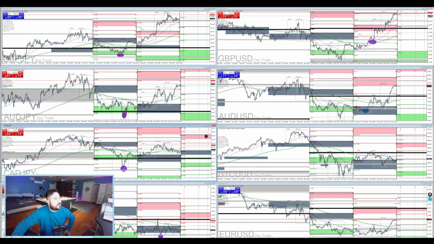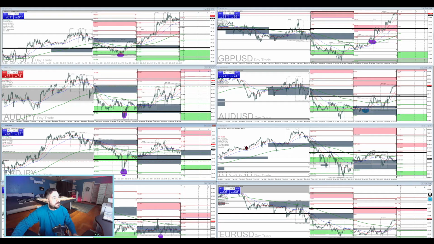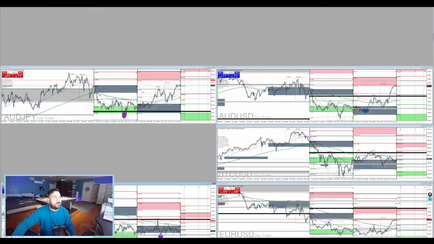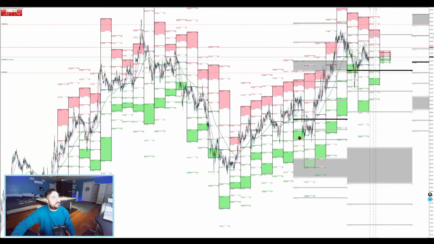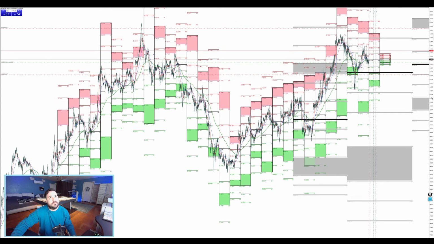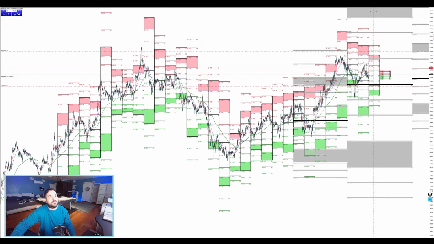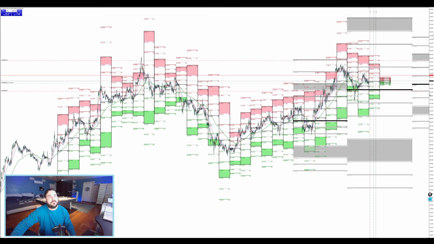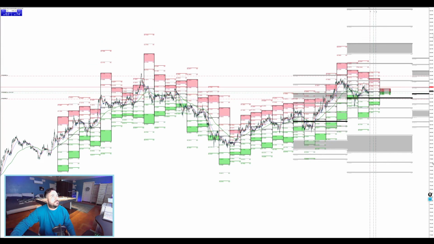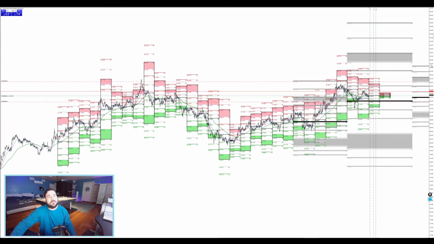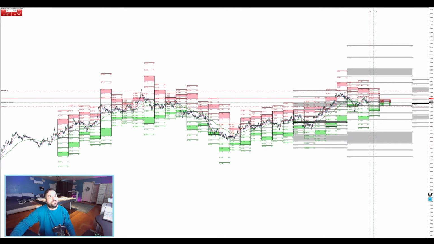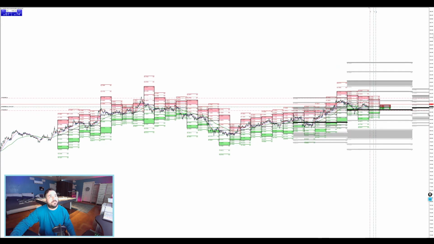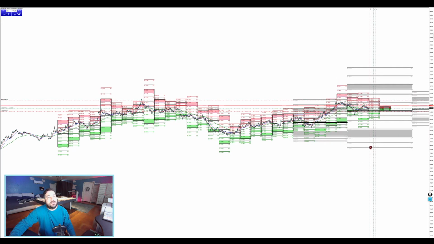Okay, so this one is more than likely an M5. I'm going to have to go into my CAD and take a look here. CAD yen. All right.